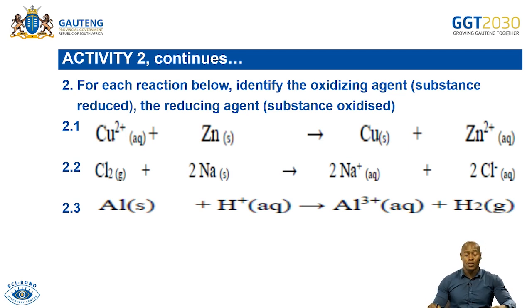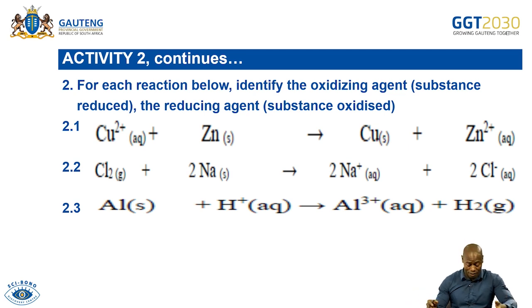Right, let's look at 2.1. We have Cu2+, that is not copper, but the copper(II) ion, because we also have copper(I). You'll see when we are dealing with table 4A, 4B that there's copper(I) and copper(II), so it is very important to be specific. Which copper ion are you talking about? We cannot just say copper ion.